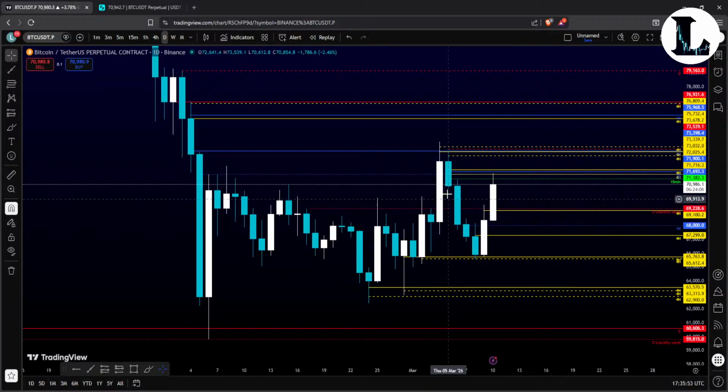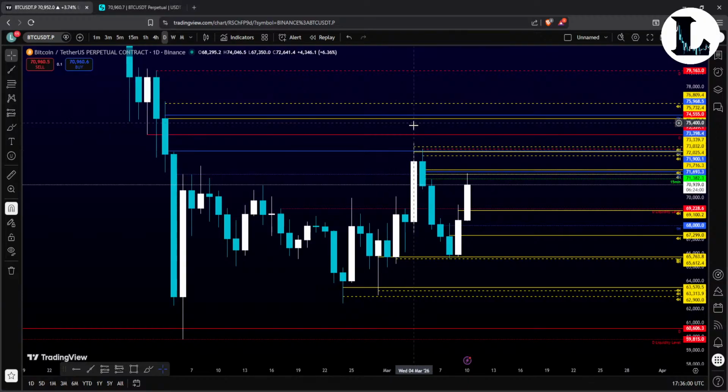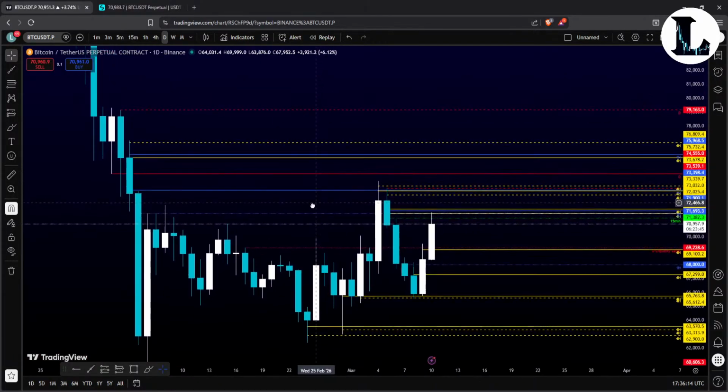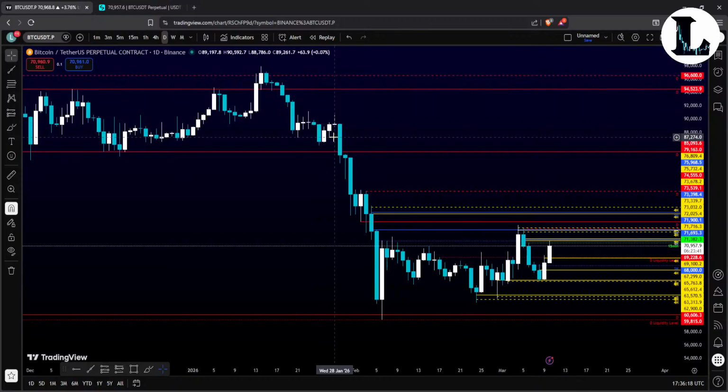Even though the price can still go to that daily, I believe that if we fail to go to that daily, we are going down really hard. But if we are able to attack that daily, we might have a creation of a strong support on the bottom that might hold the price and maybe attack some higher levels.